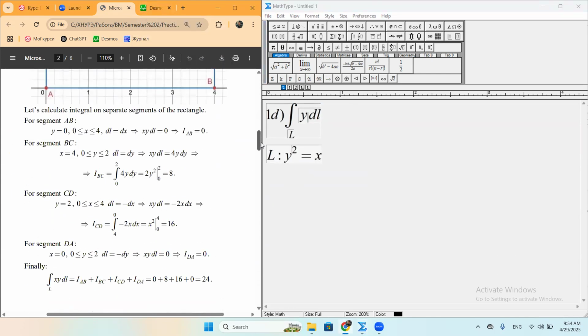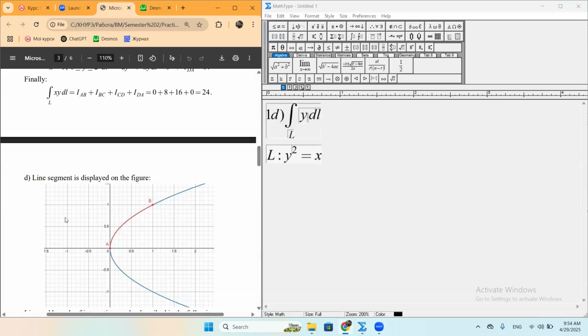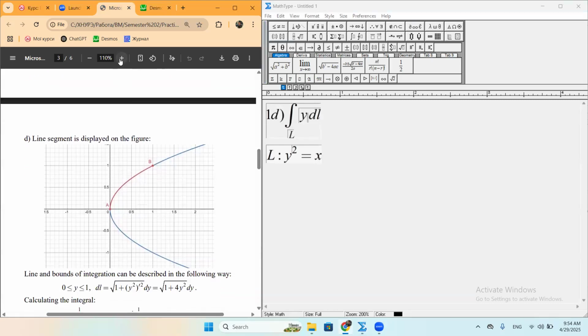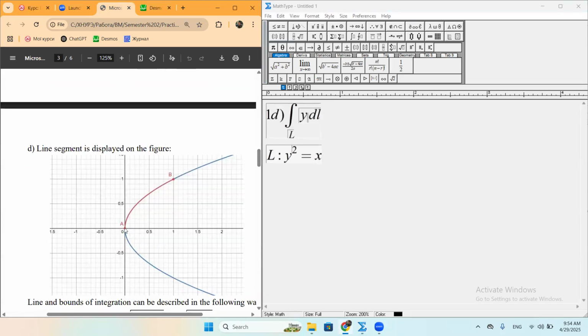Let's not waste time plotting. This is the arc of a parabola along which we have to calculate the integral. We can see that x changes from 0 to 1.